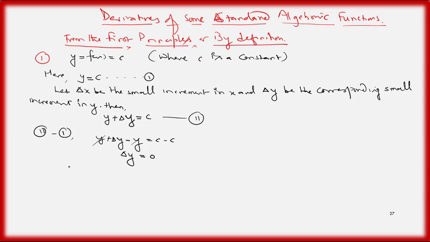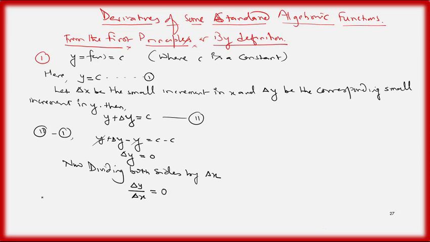Now dividing both sides by del x, del y by del x equal to 0 by del x is 0.